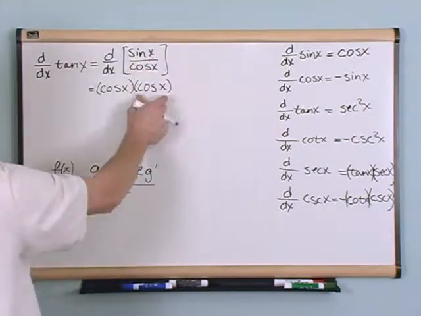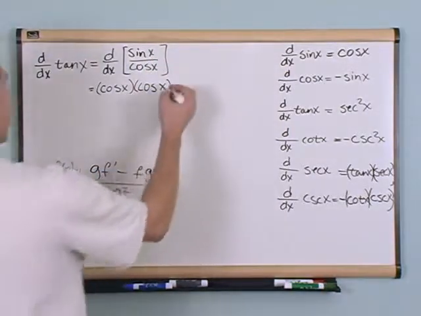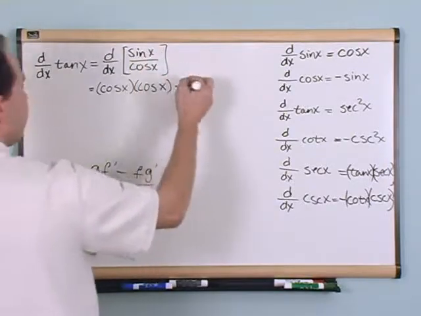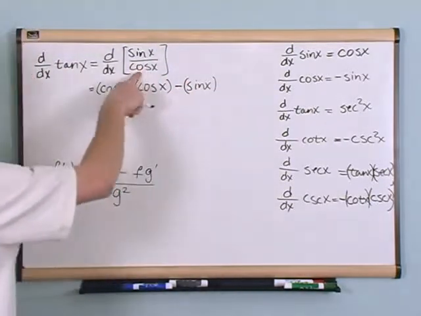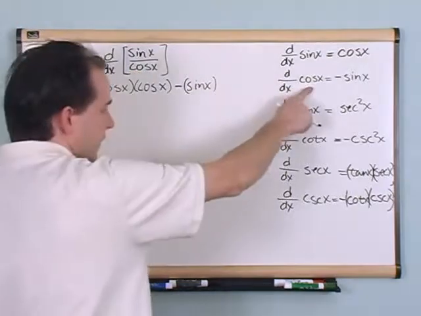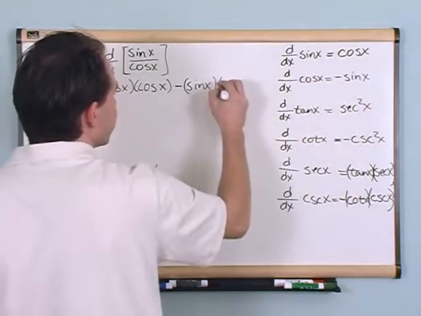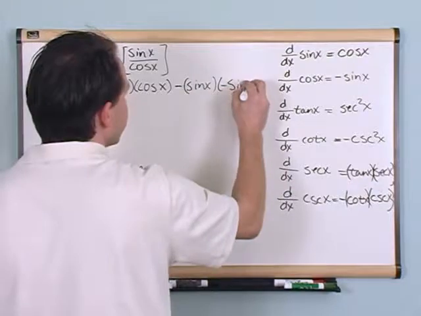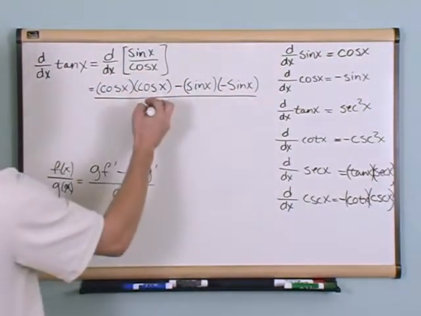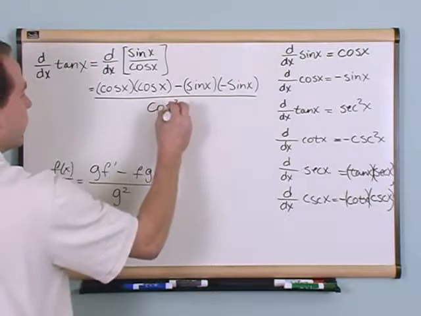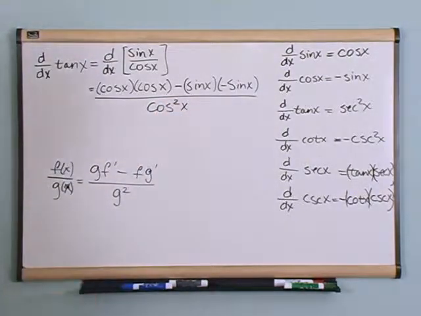Derivative of the top is cosine minus the top, which is sine of x, times the derivative of the bottom. The derivative of cosine is negative sine. So it's going to be negative sine here. And all of this stuff is divided by the bottom squared. Cosine squared x. So just take a moment and make sure you're with me up to this point.